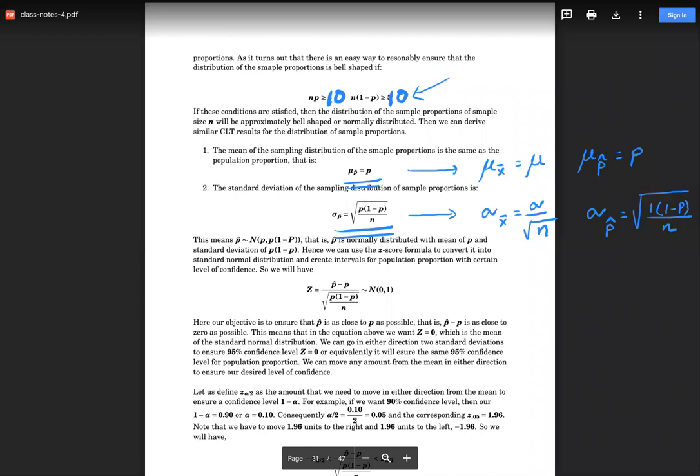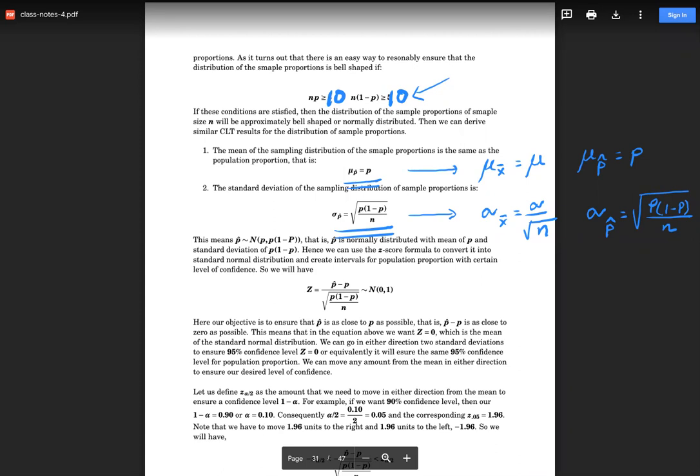Sigma sub p hat is equal to, sorry, p times 1 minus p divided by n, all of it taken under a square root.